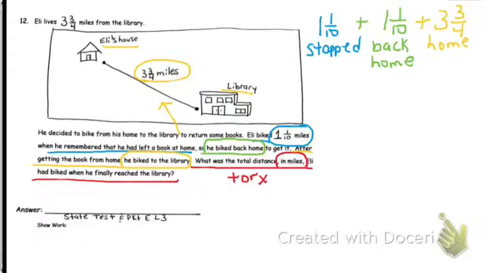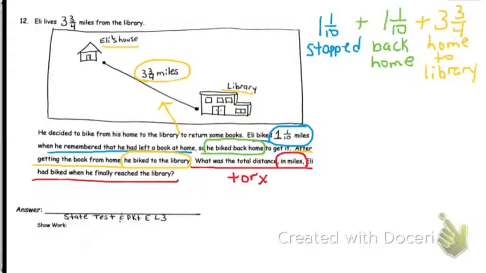Technically, if I wanted to, I could have said 1 1/10 times 2, right? He stopped 1 1/10 miles in and went back, and then it could have added on the 3 3/4 at the end. But I prefer to do one operation straight through. So that's why I did 1 1/10 till he stopped, the 1 1/10 back home, and then the full 3 3/4 from home to the library.